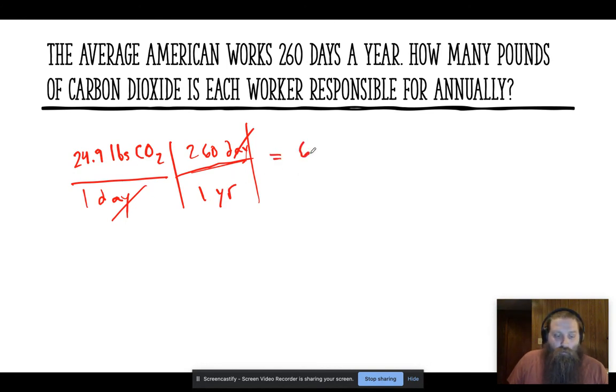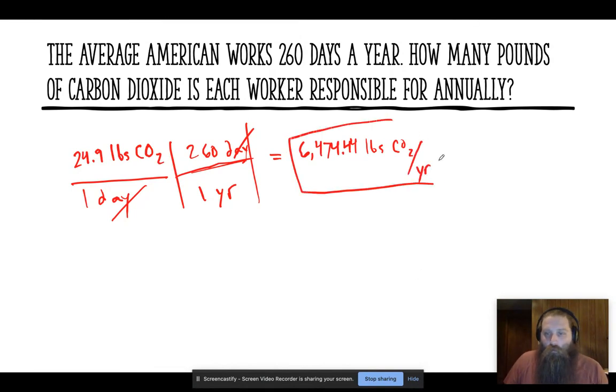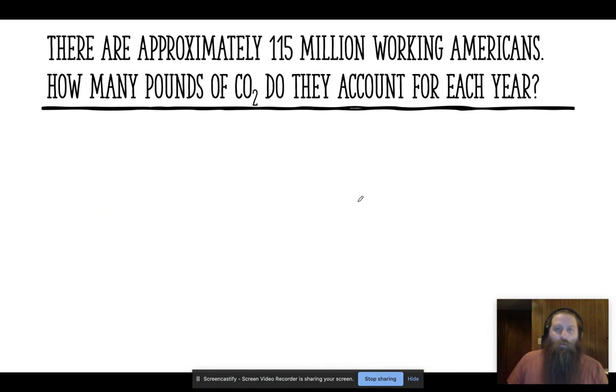So that is 6,474.44 pounds of CO2 annually per year. That's a lot. That's like 3 tons and then a little bit more per person, right? So one more step. There's 115 million working Americans. So how much CO2, if they all have the average commute and they all drive an average car, do they produce?